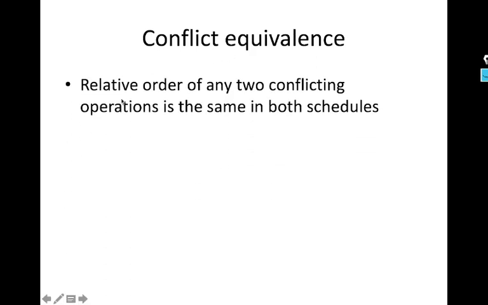Here we consider two schedules to be conflict equivalent if the relative ordering of any two conflicting operations is the same in both schedules. So that is what we will see. We have already seen what we mean by conflicting operations.